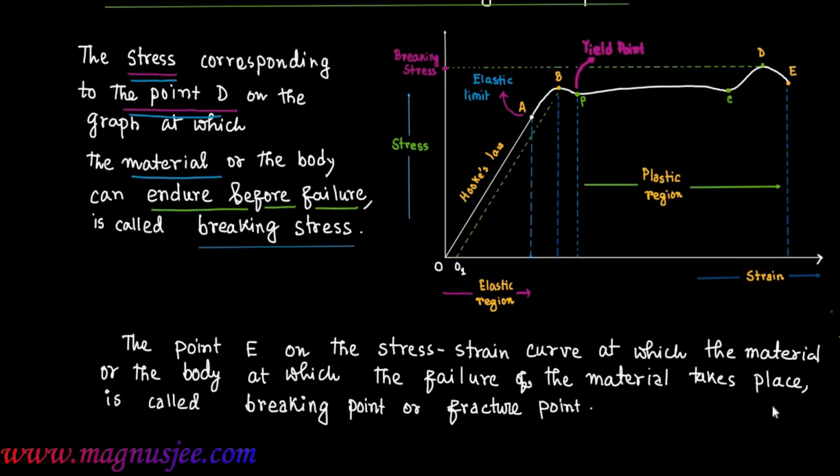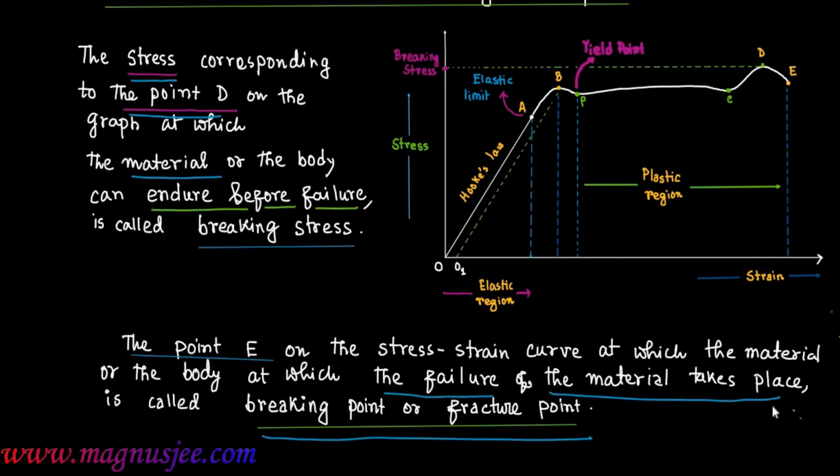The point E, the last point on the graph, is called the breaking point or the fracture point. The stress corresponding to the point D is called breaking stress, and the material can endure it before failure.